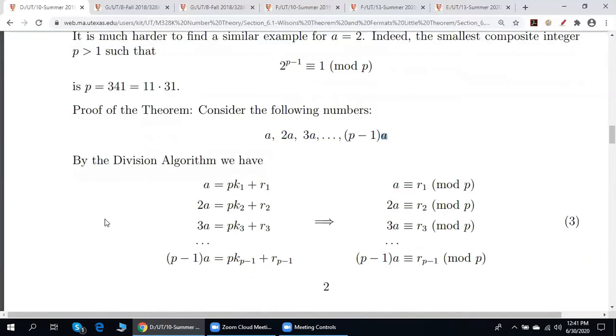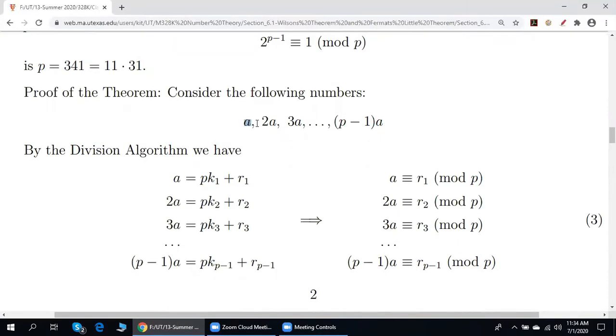Here's what we do next. Let us divide each of these numbers by p. By the division algorithm, we have a is equal to pk1 plus r1, 2a is equal to pk2 plus r2, 3a is equal to pk3 plus r3, and so on.